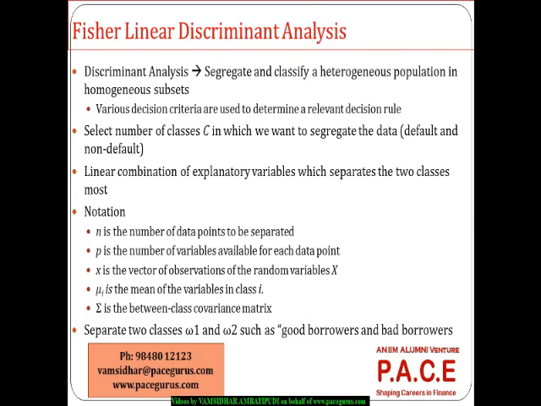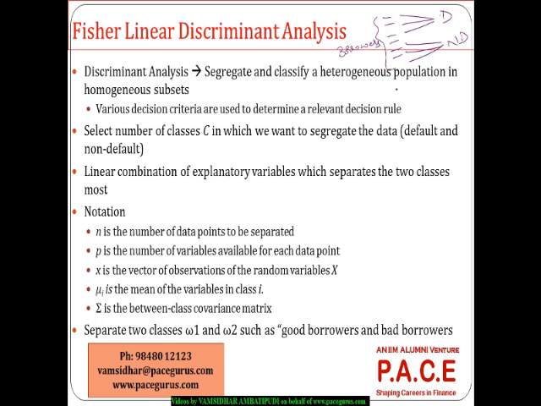The objective of this is primarily to do a segregation and classification of a big set of data, which here are the borrowers, right? Here I am looking at the borrowers, which is a heterogeneous population. I am trying to group them into homogeneous groups. Probably the homogeneous groups I am calling default and non-default.